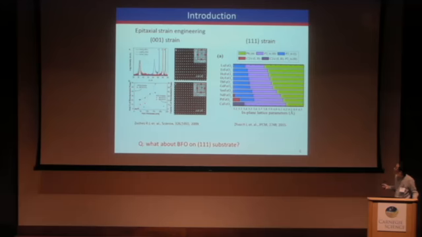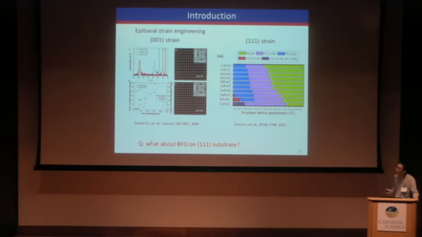For example, when using strong compressive epitaxial strain, the T phase can be generated, and the spin-orbit magnetoelectric coupling can be very strong here.